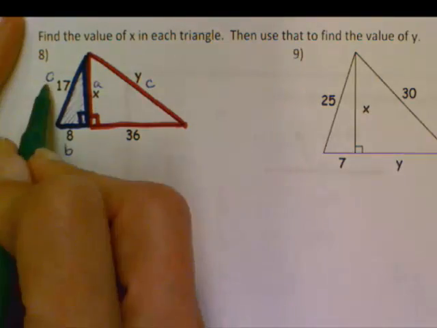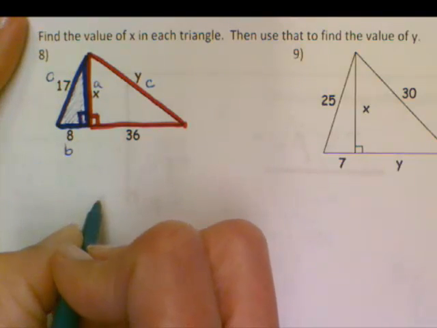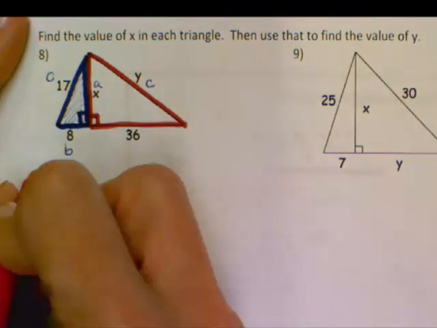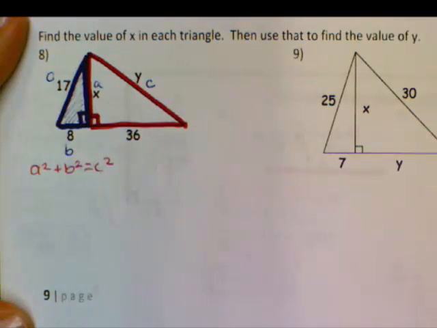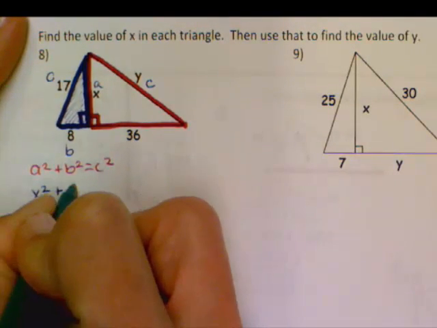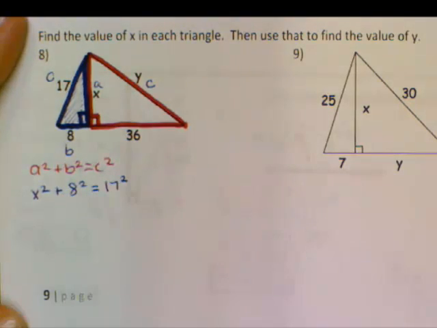So we can solve for x using the Pythagorean theorem by plugging in. So I'll write it out. So we have x squared plus 8 squared equals 17 squared.